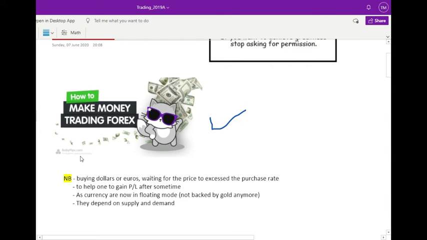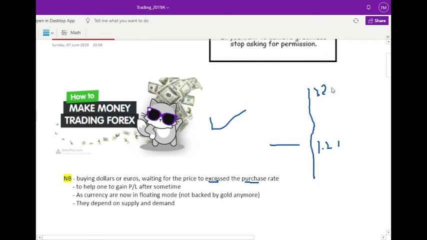So remember, when one is buying dollars or euros, you are waiting for the price to exceed the purchase price. Let's say we have a timeline of price which says 2.1, maybe 2.5.